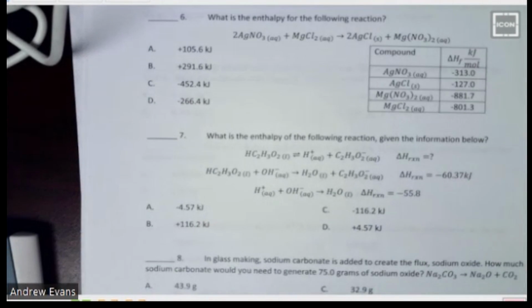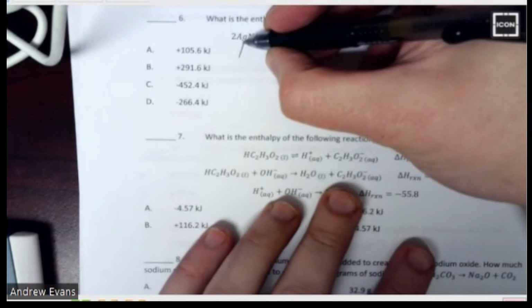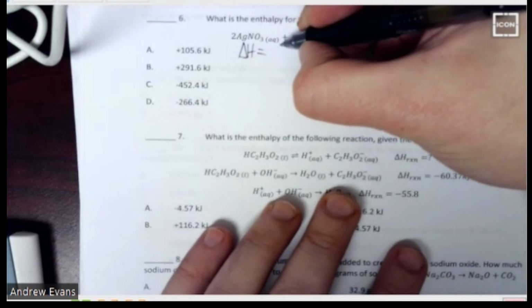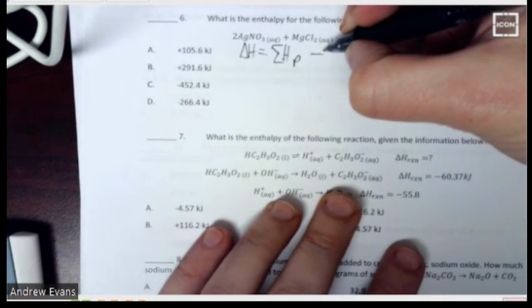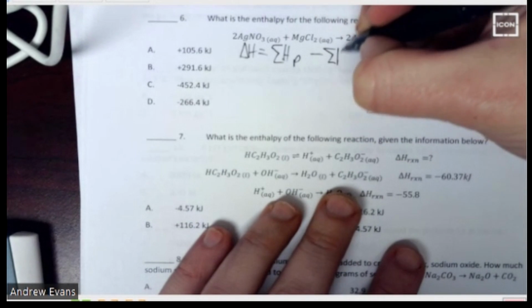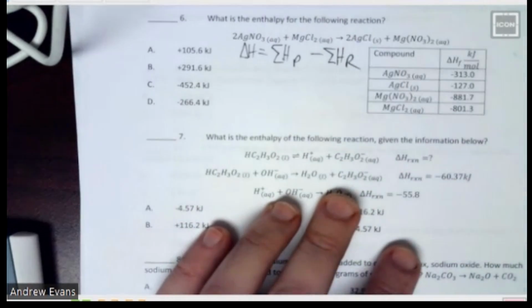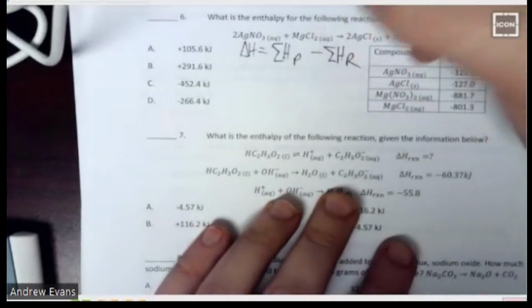What is the enthalpy of the following reaction? Enthalpy of the reaction, delta H, is going to be the sum of the H of the products minus the sum of the H of the reactants. So we need to figure out all of our products.